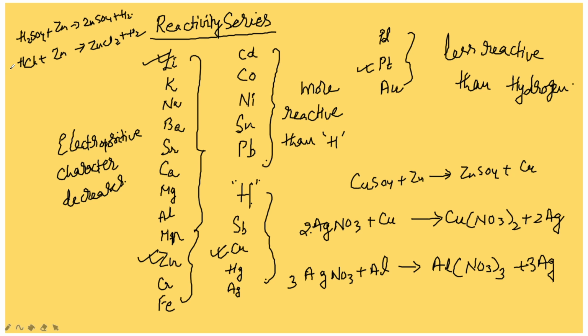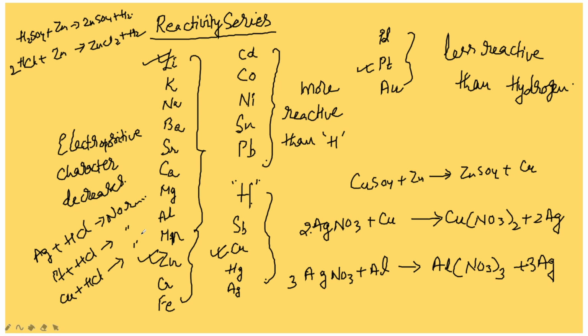Here it is 2. But metals occurring below the hydrogen cannot displace hydrogen from the acids. Silver plus HCl, no reaction. Platinum plus HCl, no reaction. Copper, no reaction. So a more electropositive metal displaces a less electropositive metal.